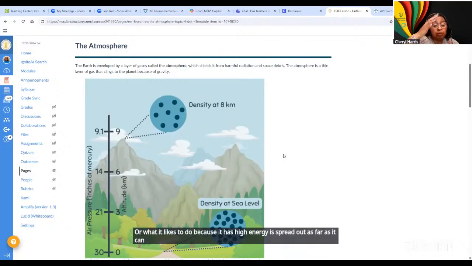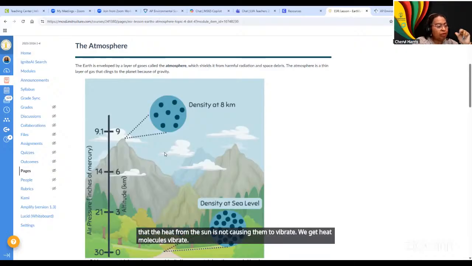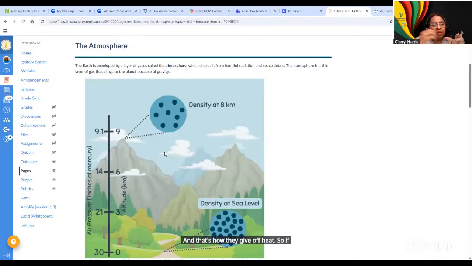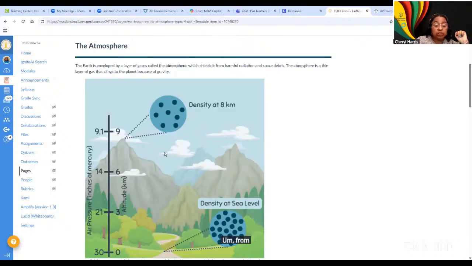As you go up and release the pressure from the layer above, as he said, the molecules are so spread out that the heat from the sun is not causing them to vibrate. We get heat, molecules vibrate, and that's how they give off heat. They bounce into one another and transfer the heat. If they're spread apart, they can't bounce into one another, so it becomes cold from lack of collisions.